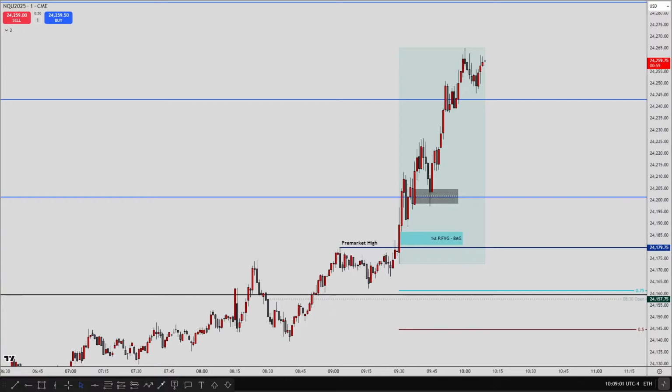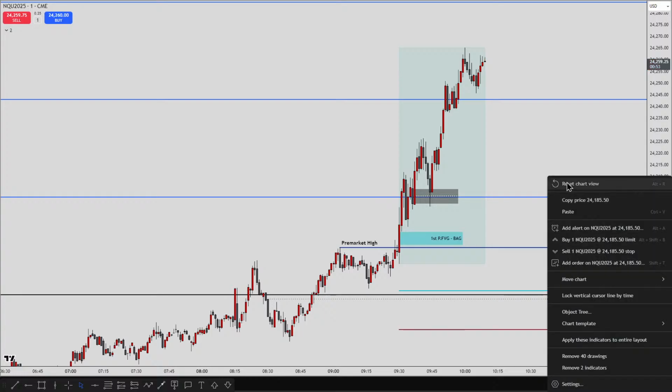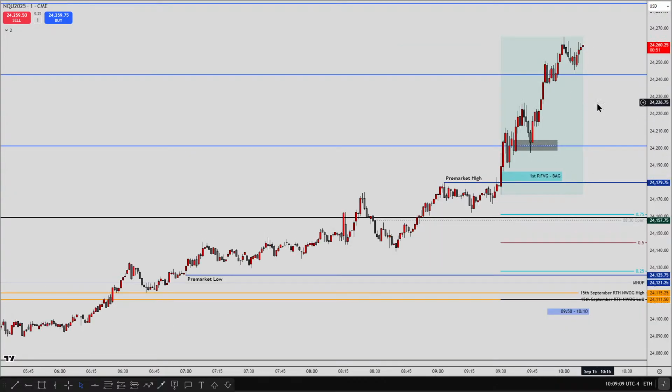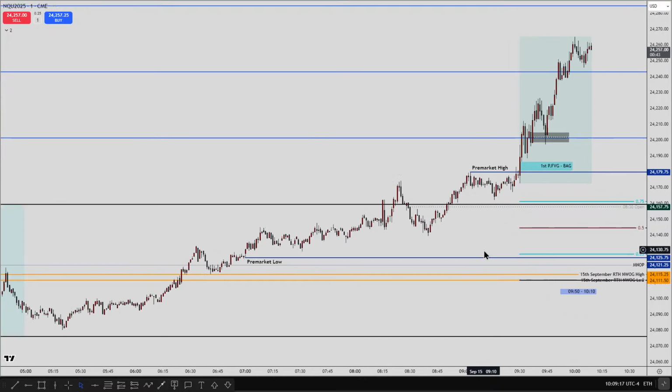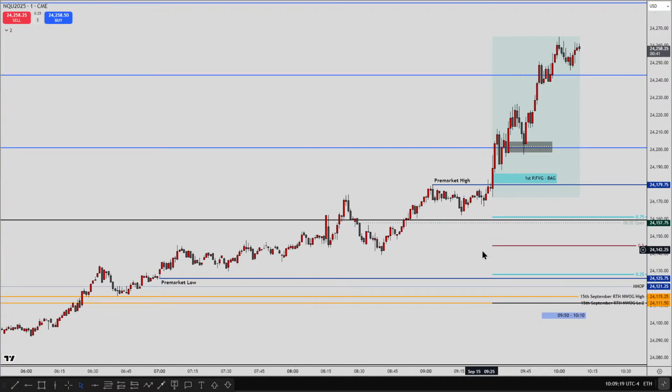Do I use silver bullet or take trades during the silver bullet hours? Yeah, I do. Even in past live streams, just because I'm reading tape with you doesn't mean I'm not trading. I'll be on my phone and I'll take a position, and then occasionally I'll share it as well. But I'm not trading this, by the way.